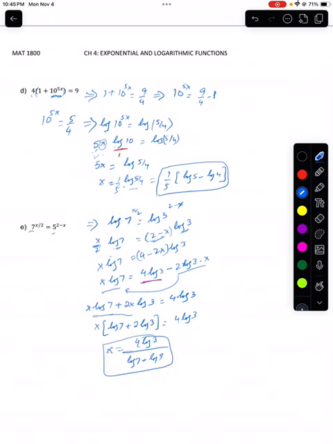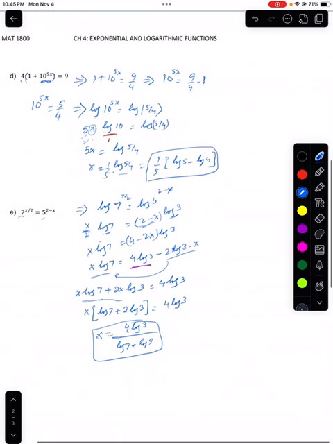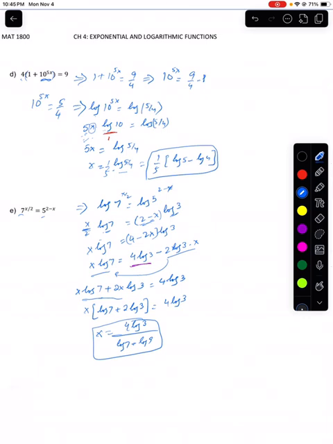So we leave the answer in this form because otherwise we need a calculator. And there is no formula that will make it simplified. So this is how we solve these exponential equations.